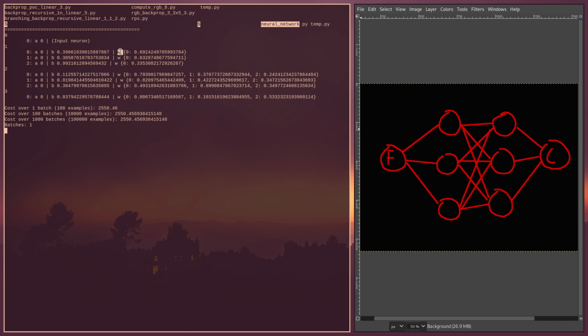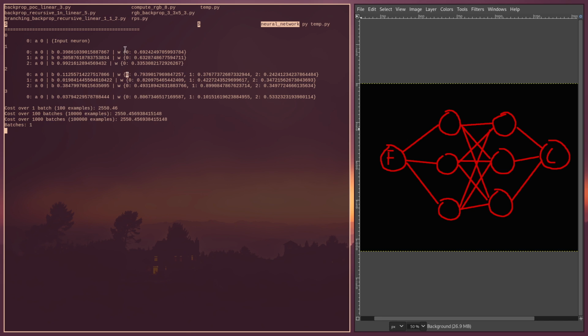Then for W, this is the weights. If you remember, the weight represented the strength of the connection between 2 neurons, or like an input in a neuron. So in here, they have different numbers of weights, where this number shows which neuron it's connected to from the previous layer.